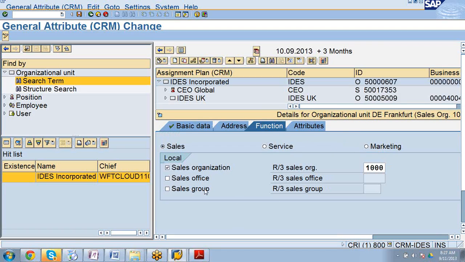And you take this radio button, sales, and take this one, local: sales organization, sales office and sales group. Write these three.